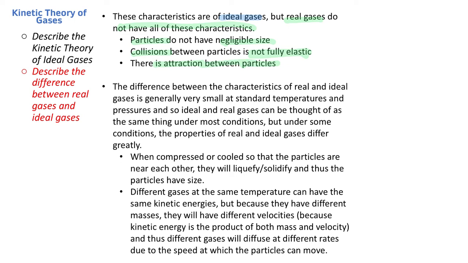The difference between the characteristics of real and ideal gases is generally very small at standard temperatures and pressures, or even high temperatures and low pressures. So ideal and real gases can be thought of as the same thing under most conditions, but when they get squeezed, pushed together, or cooled down, then their properties significantly change.